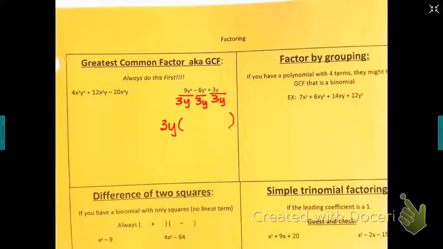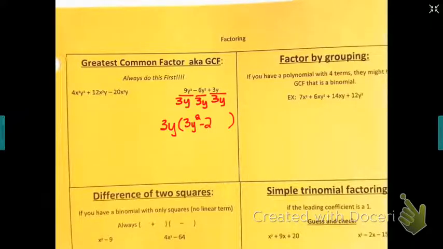Okay? And when you write your answer, your greatest common factor goes in front of whatever you get when you divide everything. Okay? So 9 divided by 3 is 3. Y to the third divided by y: 3 minus 1 is 2, so you get y squared. 6 divided by 3 is 2.